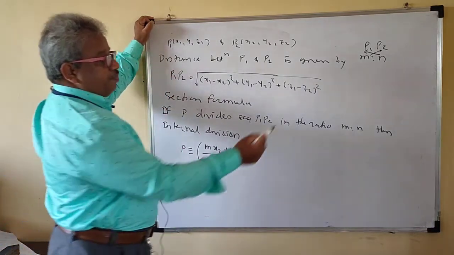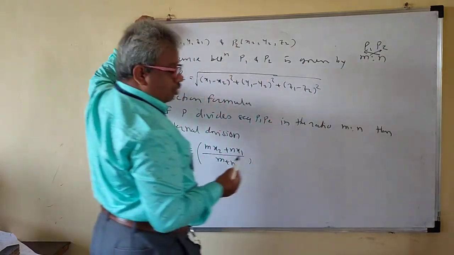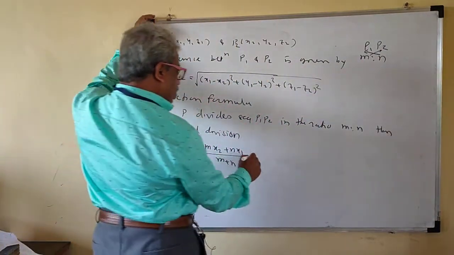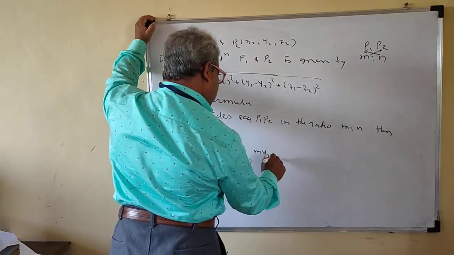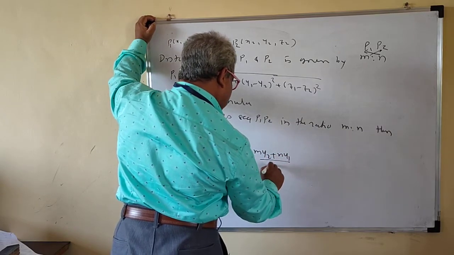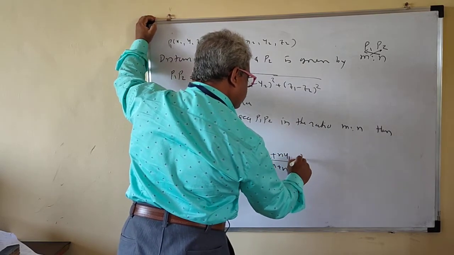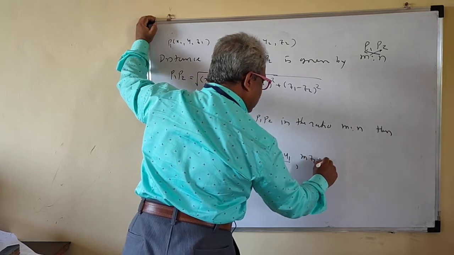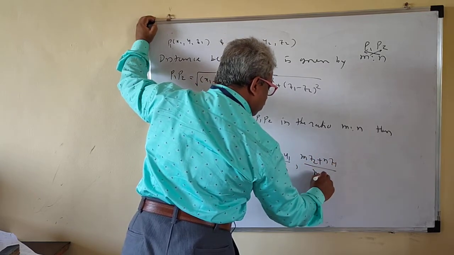So m goes to P2, right? Same thing for y: m y2 plus n y1 upon m plus n, and m z2 plus n z1 upon m plus n.